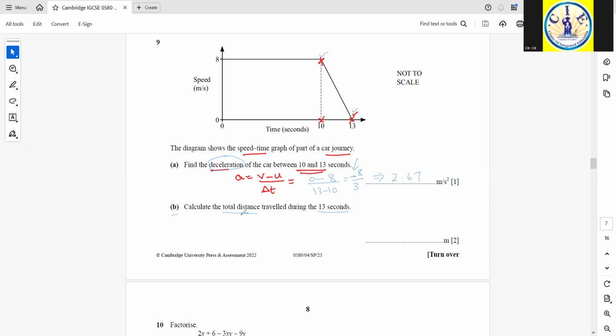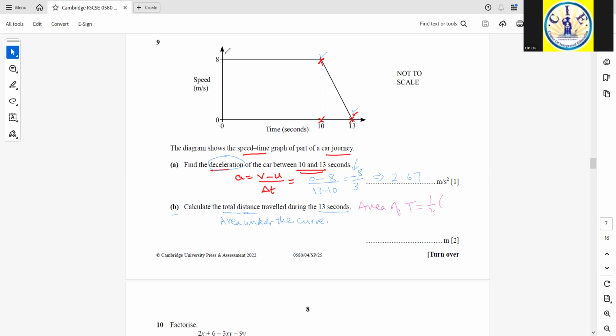Now part B, calculate the total distance traveled during the 13 seconds. We know that the distance, when it is to be calculated, is equal to the area under the curve. In this case, we can see that it is a trapezium, and we can use the formula for area of a trapezium. It is given by half sum of the parallel sides.